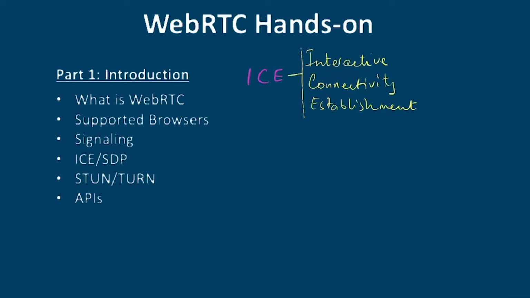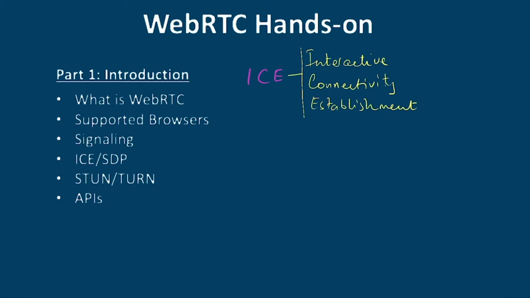I'm going to read from WebRTC.org, which says, before two peers can communicate using WebRTC, they need to exchange connectivity information. Since the network conditions can vary depending on a number of factors, an external service is usually used for discovering the possible candidates for connecting to a peer. This service is called ICE and is using either a STUN or a TURN server.